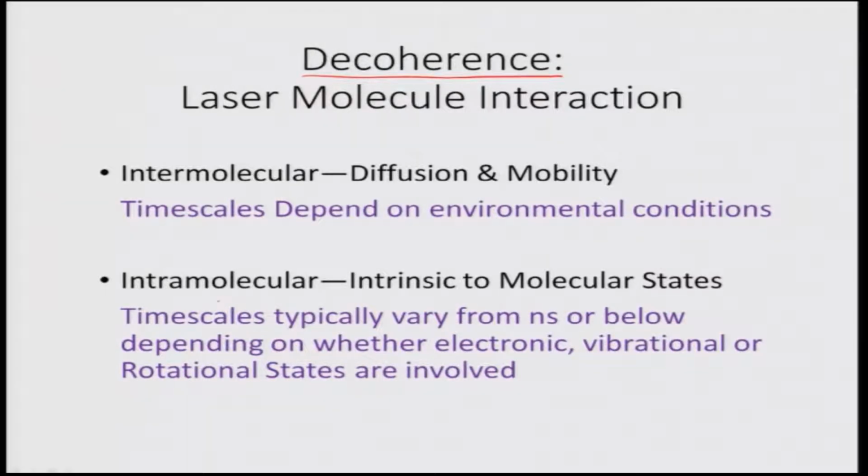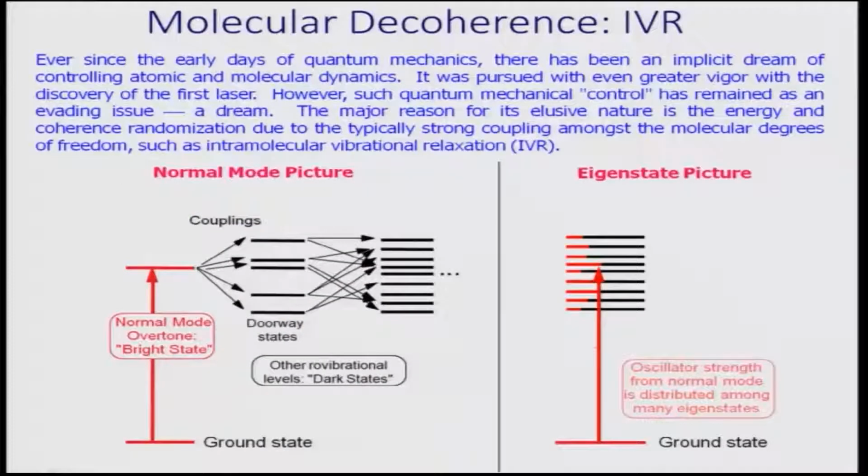The other intrinsic decoherence comes from the intramolecular aspect, which is intrinsic to molecular states. These time scales typically vary from nanoseconds or below, depending on whether electronic, vibrational or rotational states are involved in the process of the loss of the coherence.